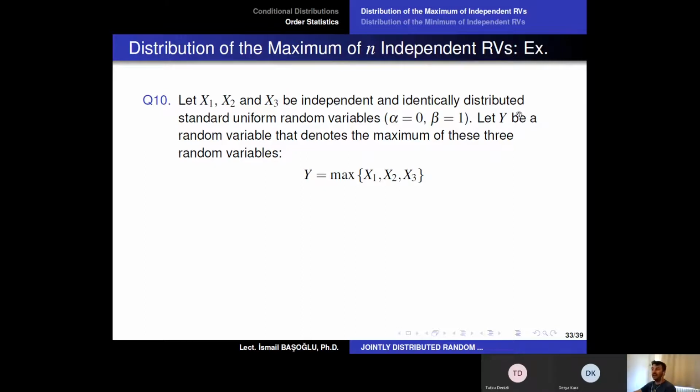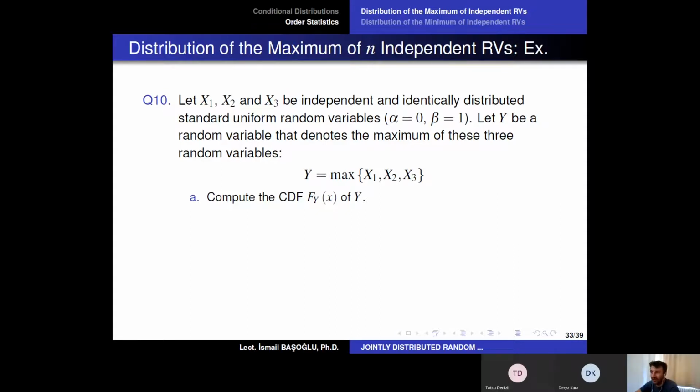And y here is a random variable that denotes the maximum of these three random variables. Y is equal to the maximum of x1, x2, and x3. The question is asking me to compute the CDF of y.